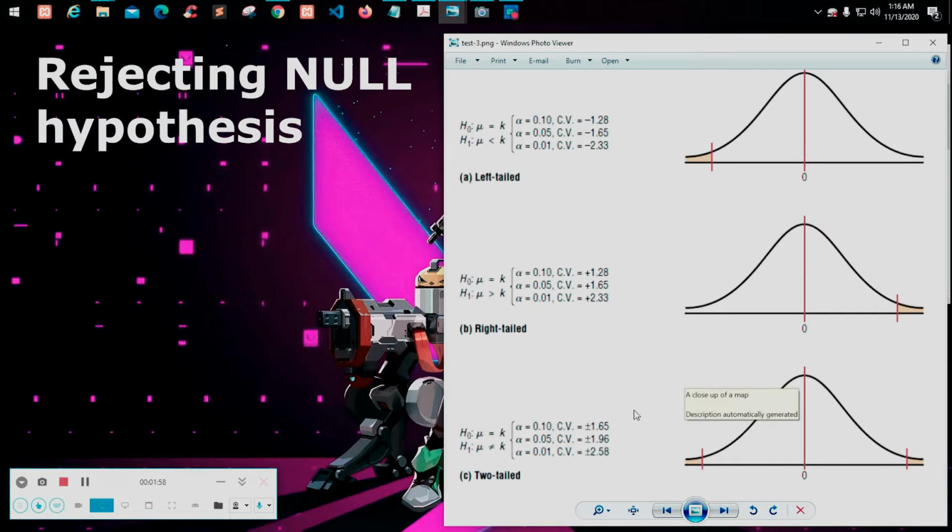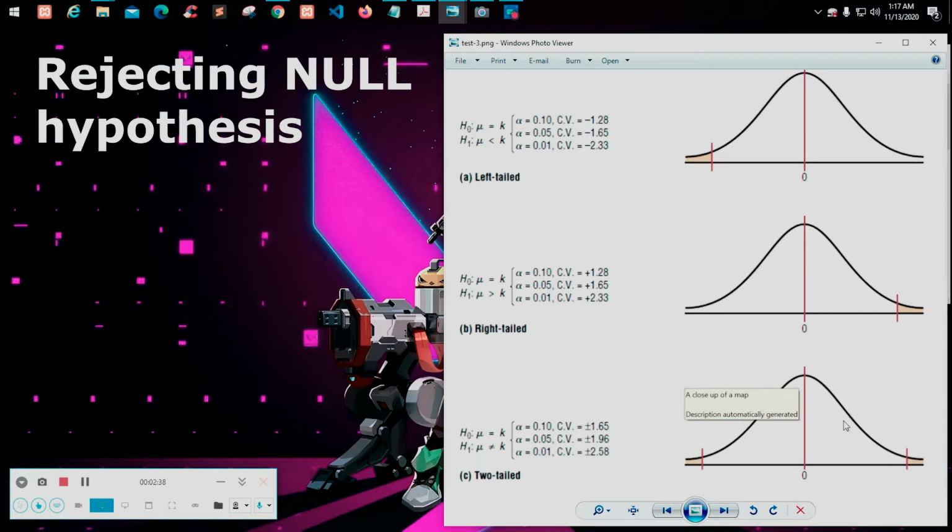So, if the z statistic or t statistic value you obtained is less than the negative critical value, then we reject. This is the rejection region. Also, if you obtain a z or t statistic value which is greater than the positive critical value we obtained, so we also reject. We only not reject if it is inside this area.